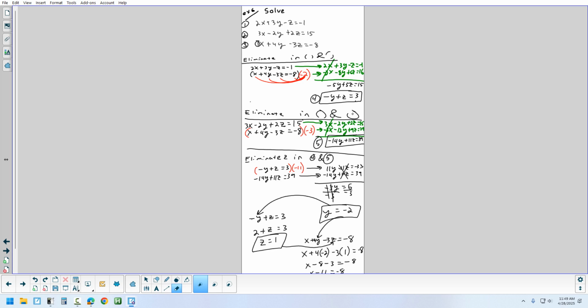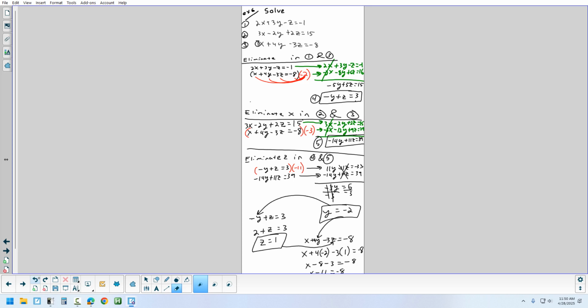Repeat what you just said? These 2 numbers here have to be different than the 2 numbers there. So you can't use the same equations again. So as long as they're not the same 2 numbers, I can do 1 and 3 and 2 and 3? Yeah.